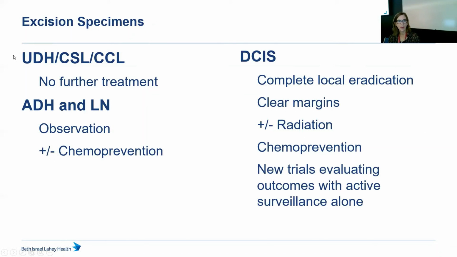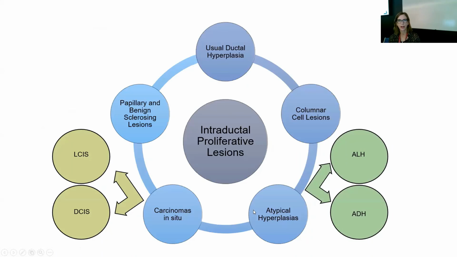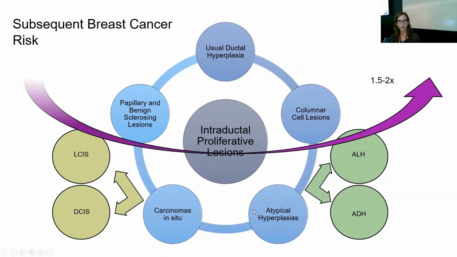So for excision specimens, no further treatment for the benign lesions, observation and offering chemoprevention for ADH and lobular neoplasia. DCIS requires complete local eradication with clear margins, chemoprevention, and as I said, there are new trials. So just a final word on subsequent breast cancer risk for these benign intraductal proliferations.